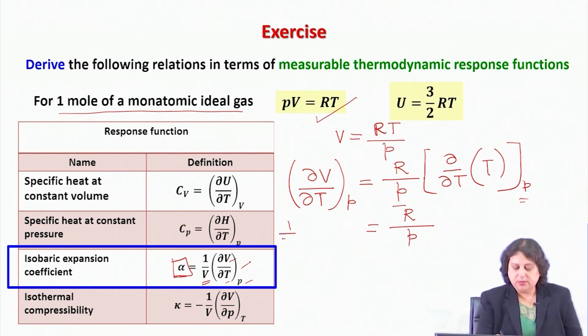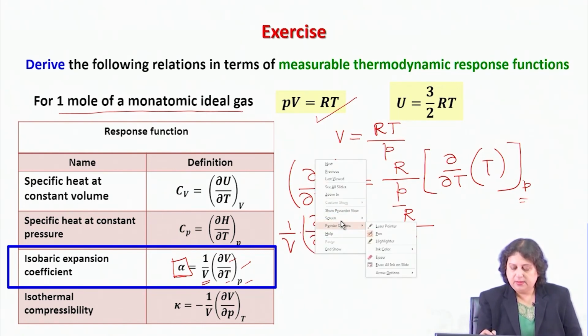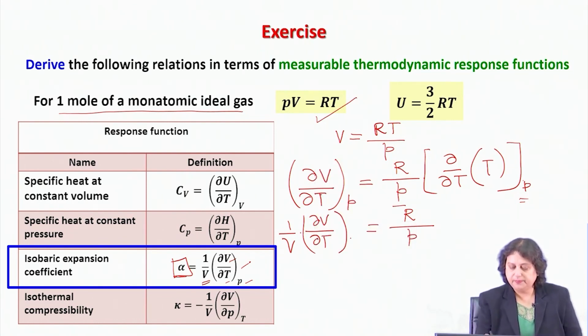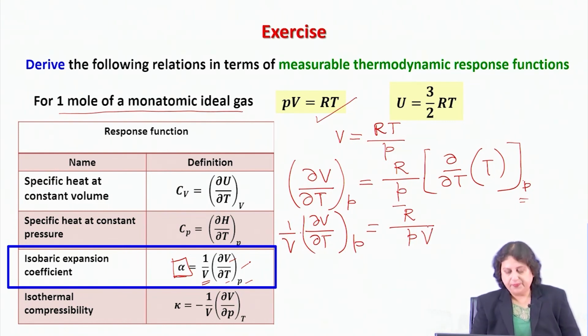Therefore, what is 1 by V into del V del T at constant P? That turns out to be R divided by PV. Now, I already know that PV is equal to RT. So, I can further simplify this expression.